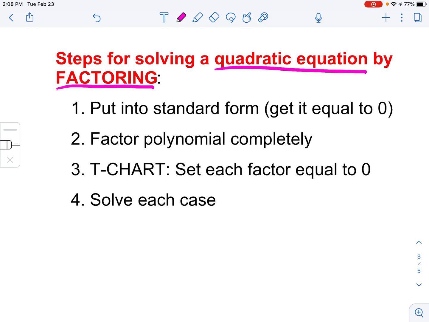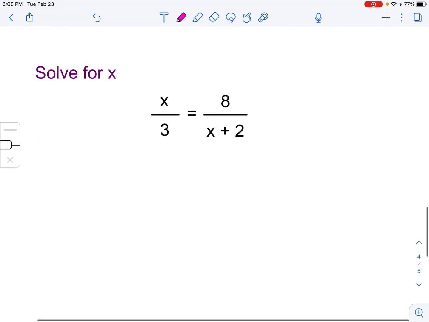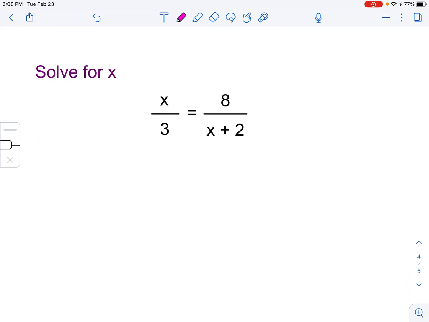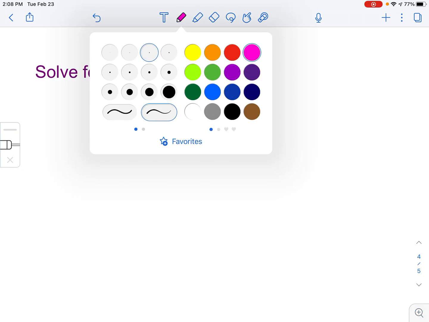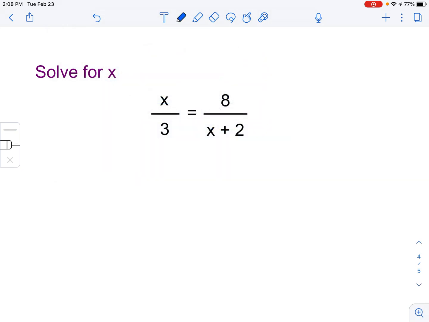We're still following these steps, but this time I'm going to give you this fraction equal to another fraction. Hopefully when we see this question, we recognize that this can actually be solved by cross multiplication. The reason we can do that is because we have one fraction equal to another single fraction.